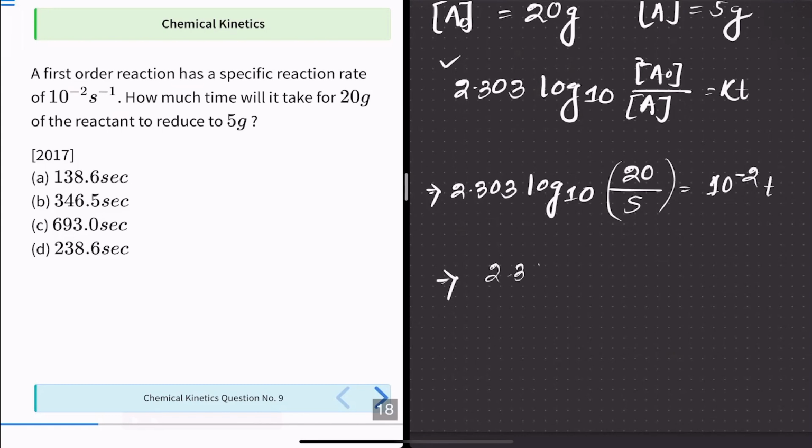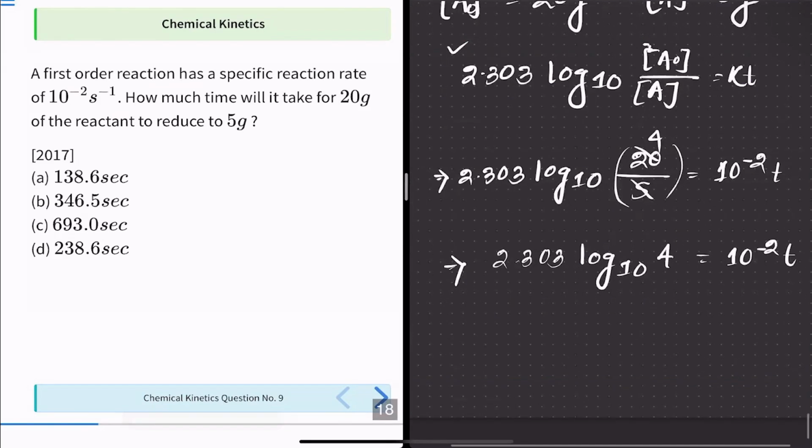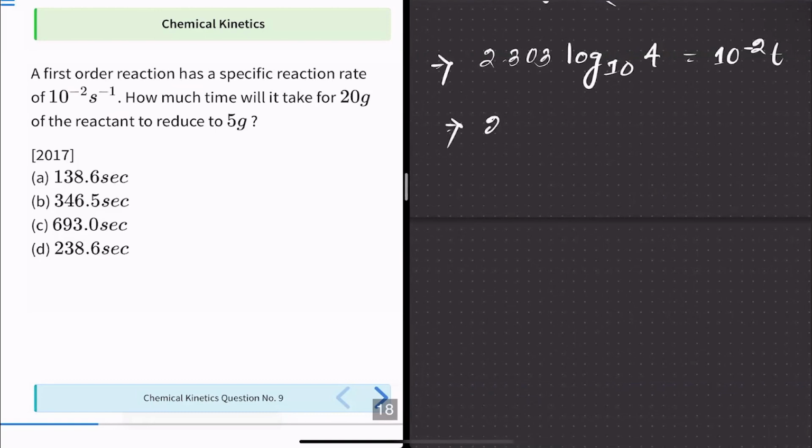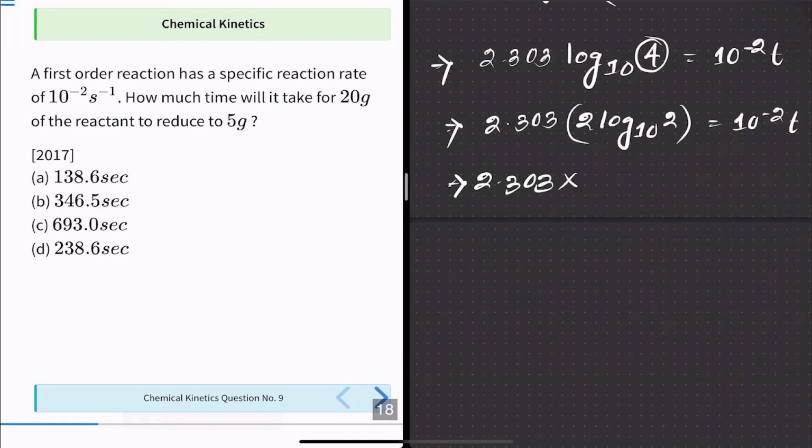Then 2.303 log 10 of 4 is equal to 10 to the power minus 2 t. Let's convert log 4 into the 2 form: 2 log 10 2. 2.303 into 2 into 0.30, equal to 10 to the power minus 2 t.